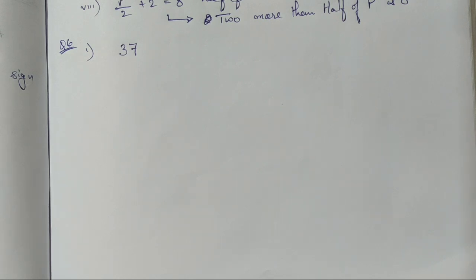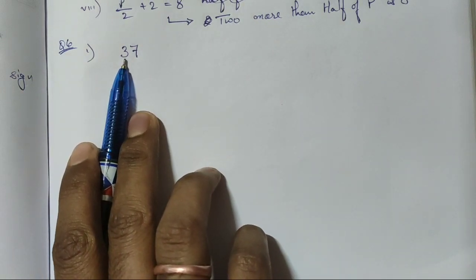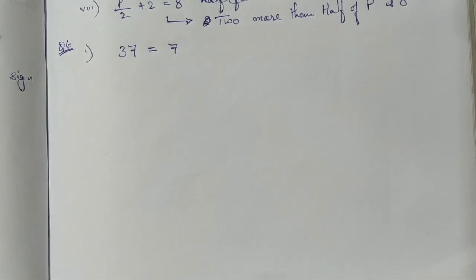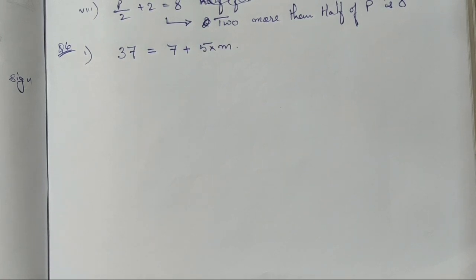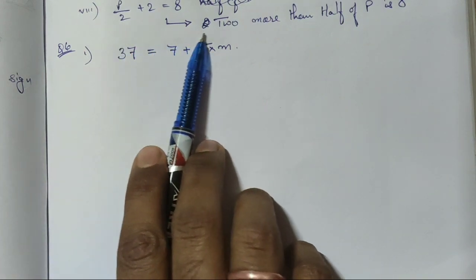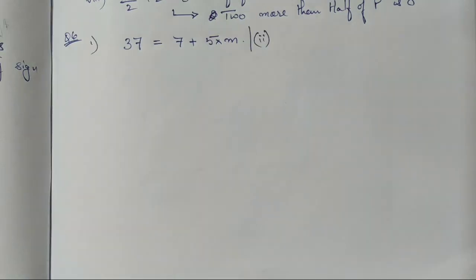So this 37, that is Irfan's marbles, is 7 more than 5 times Parmit's, that is m. Irfan has 37, that means 37 is, 7 more means plus, 5 times means multiply, the Parmit's marbles that we needed to take as m. So you have to write it here in statement form. Okay, let the number of Parmit's marbles be m, then form this equation according to the question.